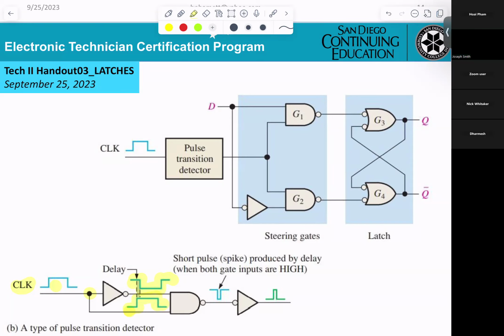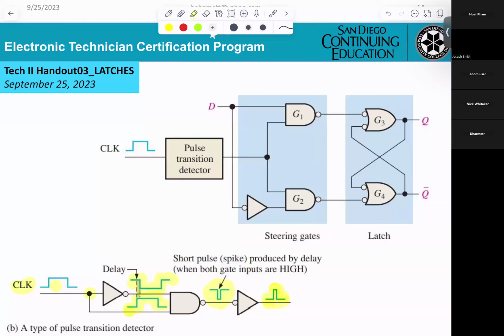What they want to do here, they are telling you they want to get the transition high to low to high. That is a transition. With another inverter here, you can get 0, go 1, and go 0.